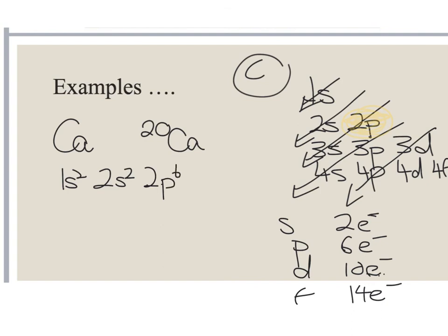Next one is the 3s orbital. Again, it can only hold 2, so 3s2. I'm just going to add them up. 2 plus 2 is 4. 4 plus 6 is 10. 10 plus 2 is 12. Alright, so 3p is next. Is it? Yes, 3p is next. So I can put 6 in that 3p, so 3p6. What did I say I had? 12. Then 4s2. Now does that make 20? 4, 10, 12, 18, 20. Sure does. Alright.